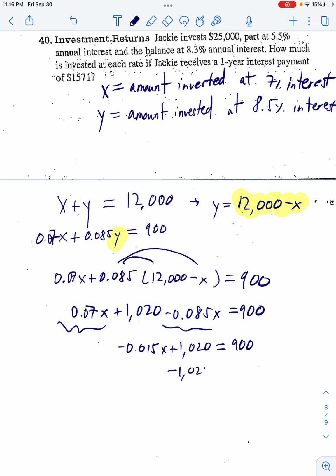Subtract 1,020 from both sides. We get negative 0.015x equals negative 120. Divide by negative 0.015 on both sides.